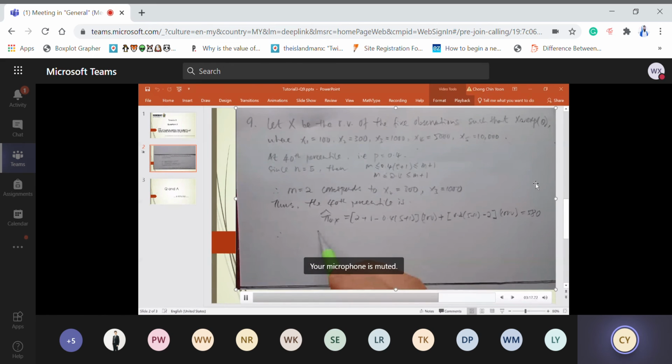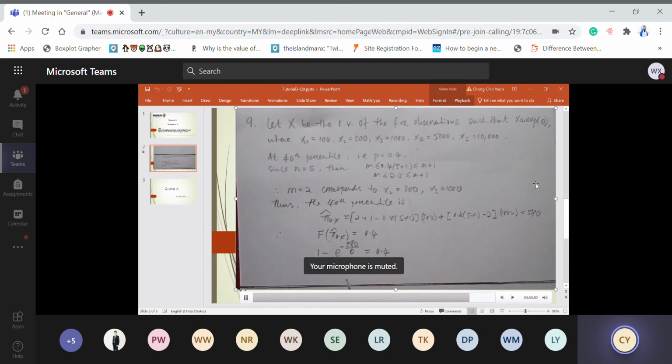Therefore, the CDF at this 40th percentile is equal to 0.4. By taking the formula from table C under exponential distribution, we will have 1 minus exponential to the power of negative 580 divided by theta, equals 0.4.